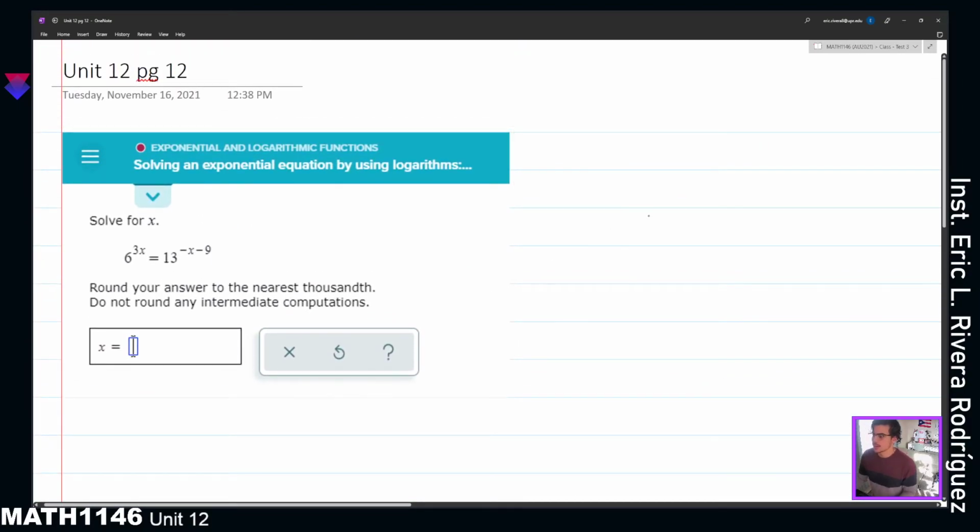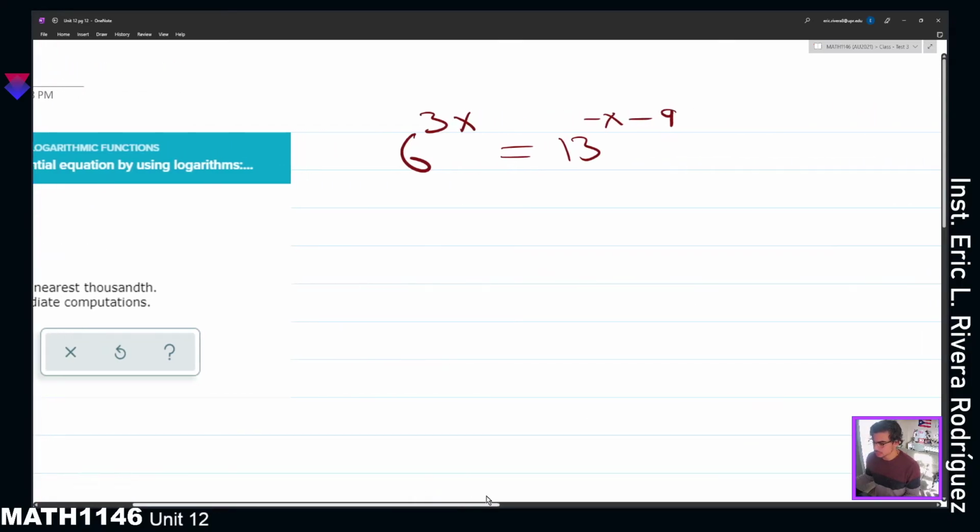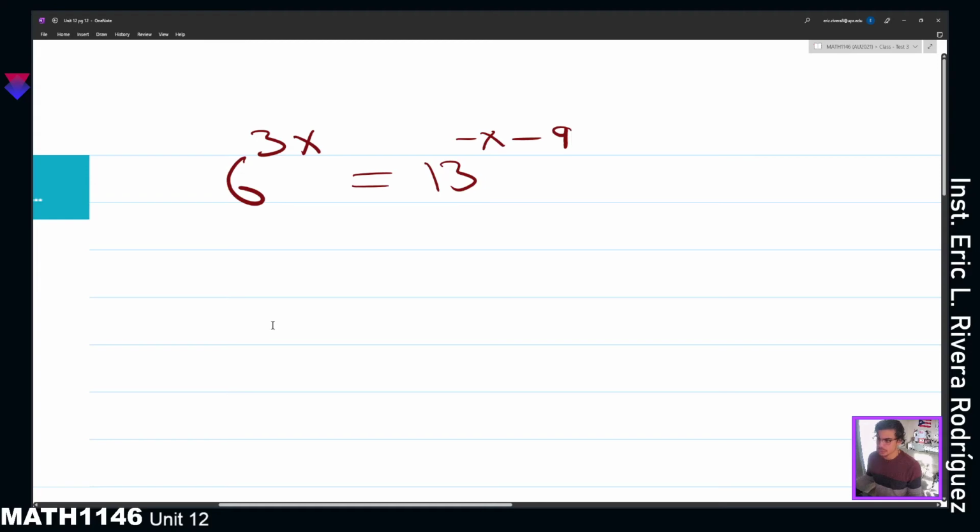Okay. Another one. Again, we need to bring down the variable, which is in the exponent, to a level that we can solve for it. All right, so here 6 and 13 do not share a common base.